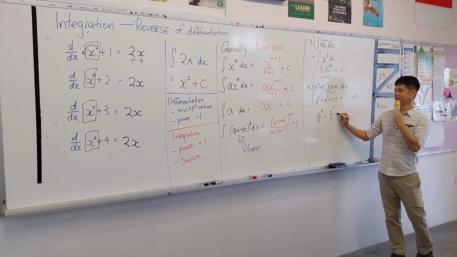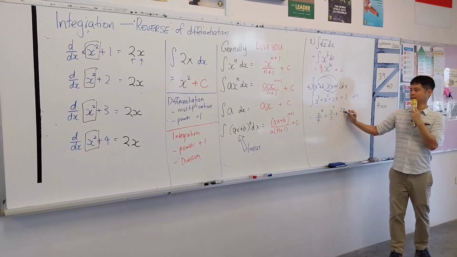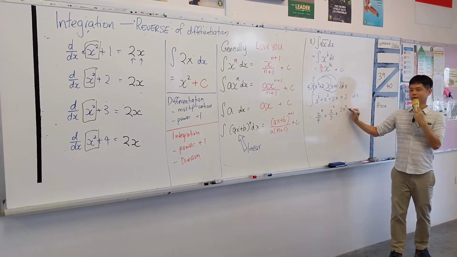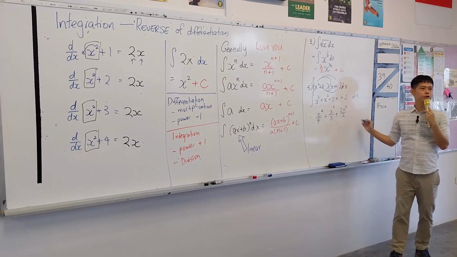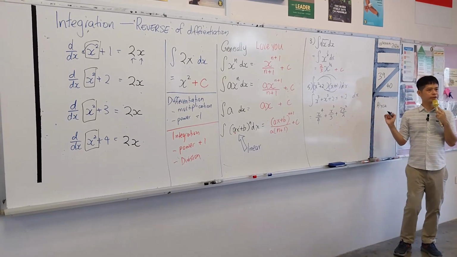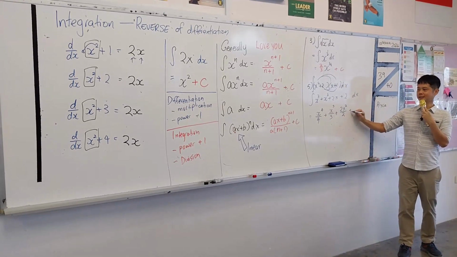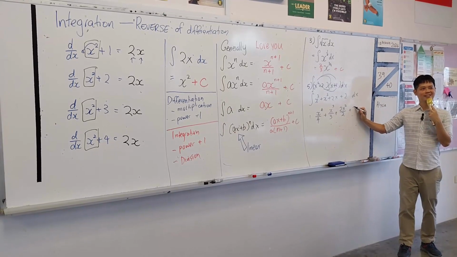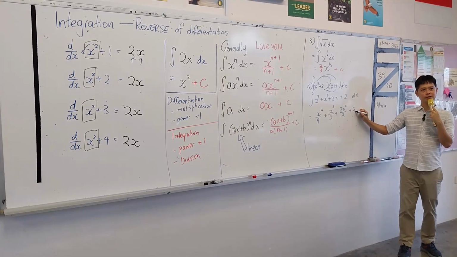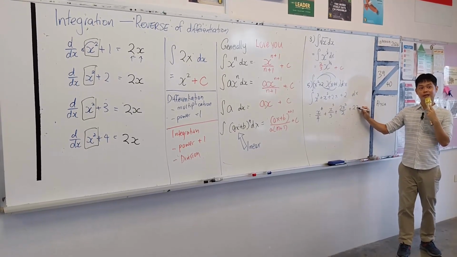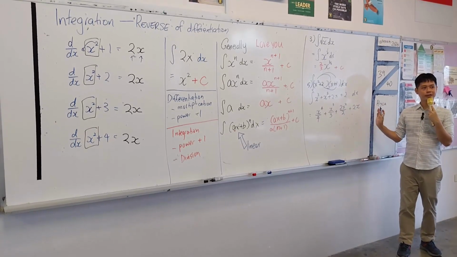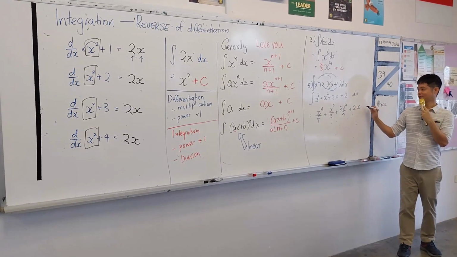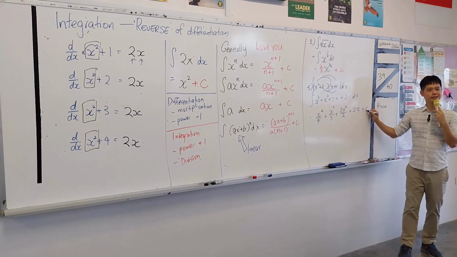Okay, next one. 2x squared divided by 2. Okay, the last 2 is the most important one. Plus, when you integrate a constant, you just add the x behind. Are we done? You have to plus a c.